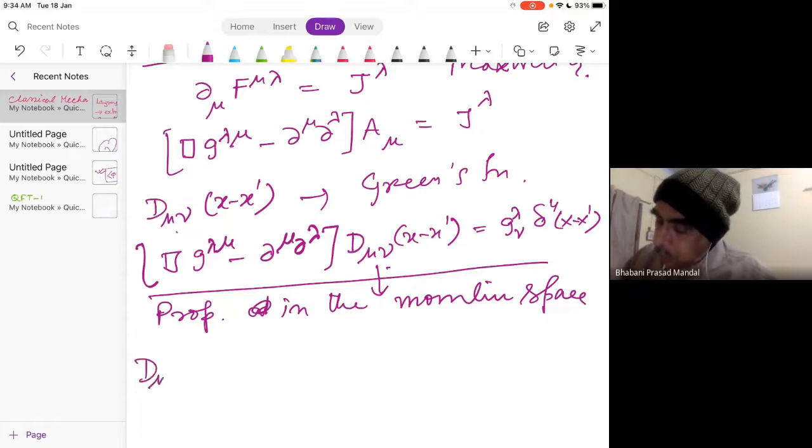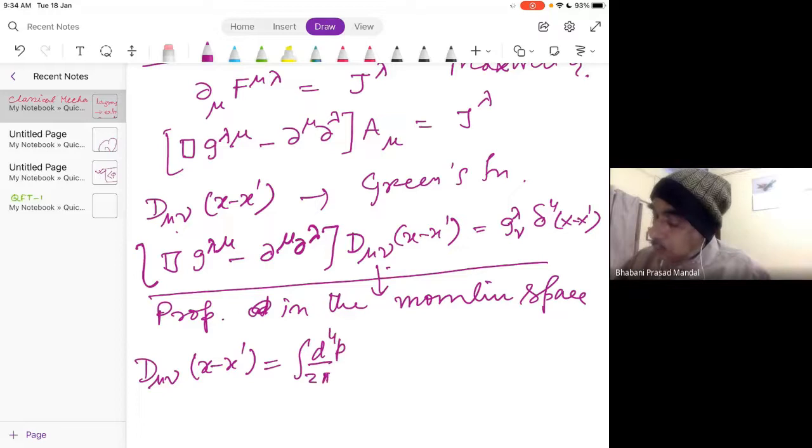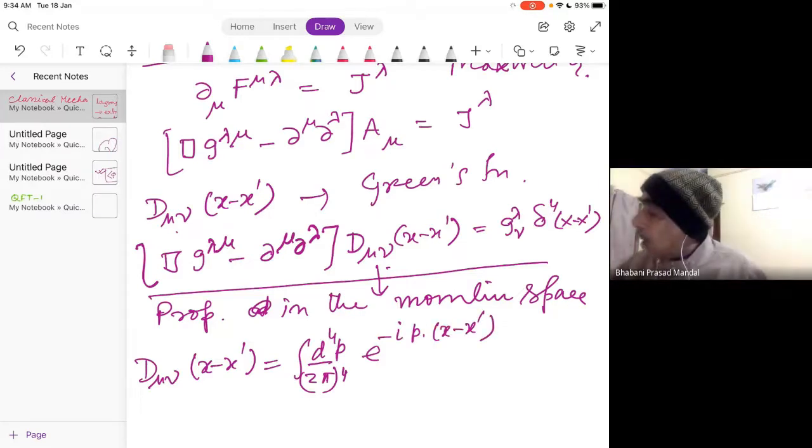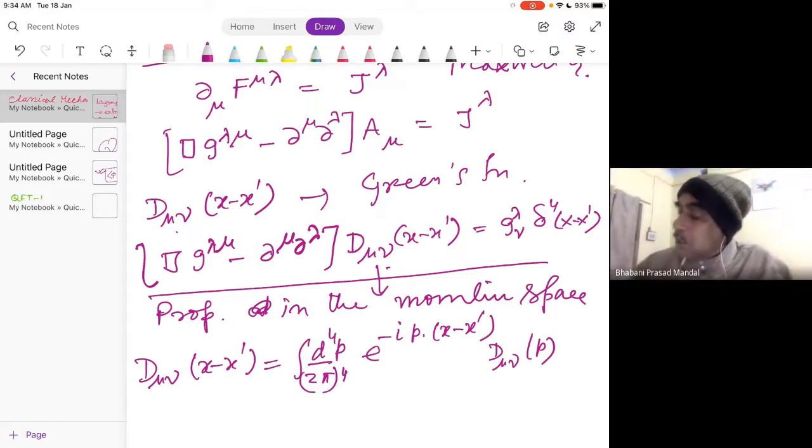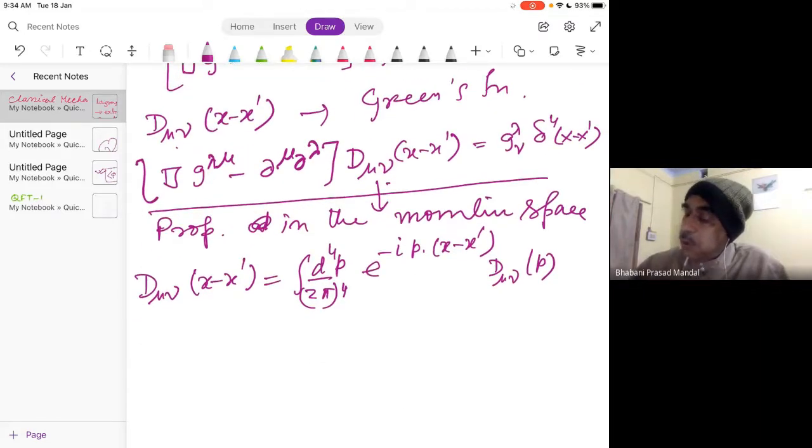So D mu nu of x minus x prime should be equal to the integral d4p over 2 pi to the power 4, e to the power minus i p dot x minus x prime, and then I'll have the momentum space propagator D mu nu of p. So this is basically the Fourier transform of D mu nu of p to get to coordinate space. You can take an inverse Fourier transformation to get this.